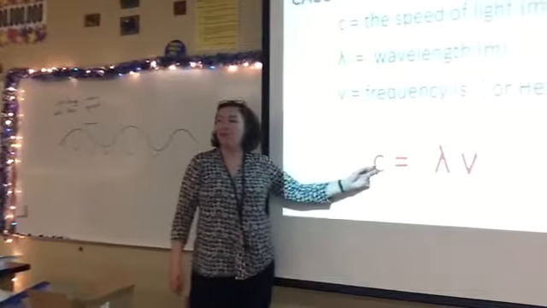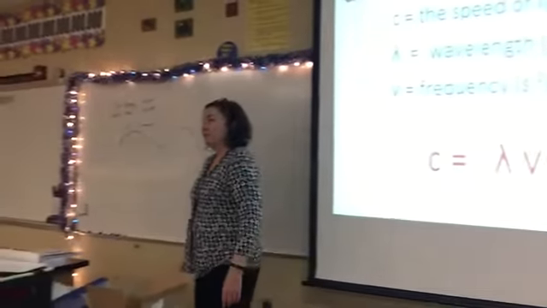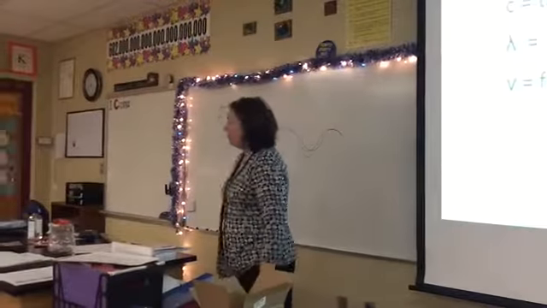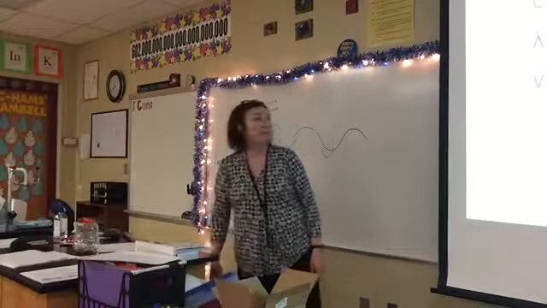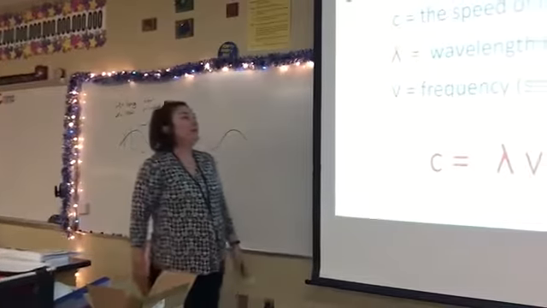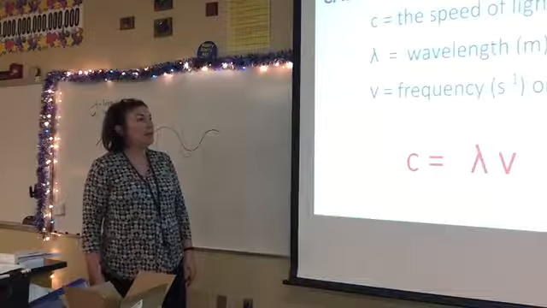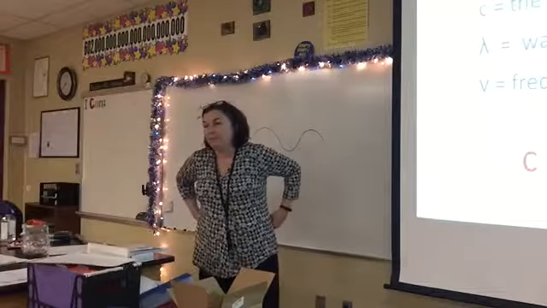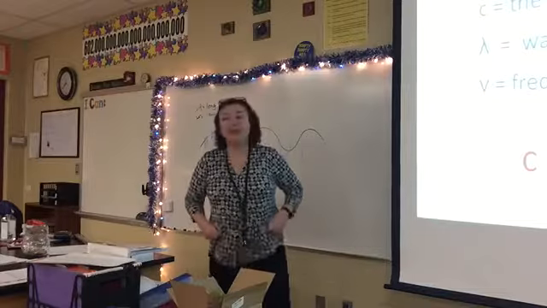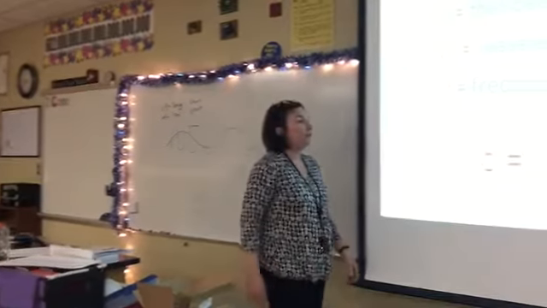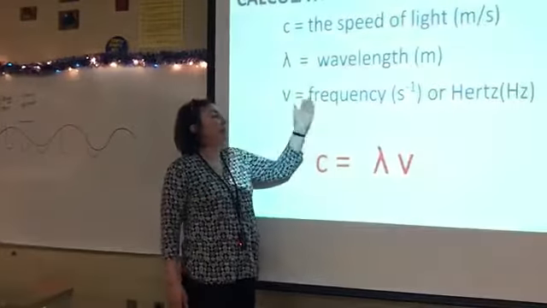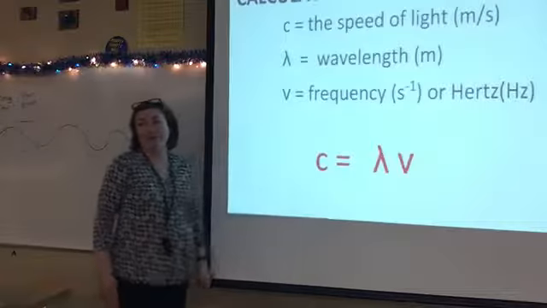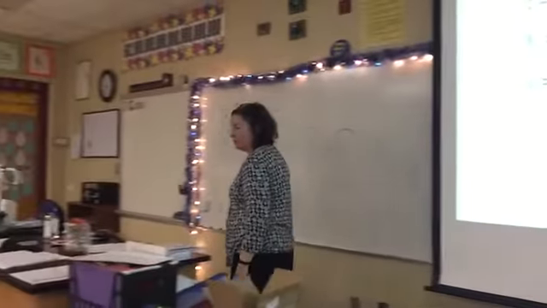C is for celeritas. It means light in Latin. And C is the speed of light. Its units are meters per second. Wavelength, obviously, is measured in meters. And frequency is per second, S-1 or hertz.